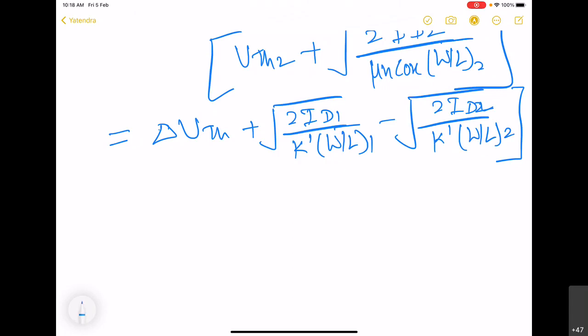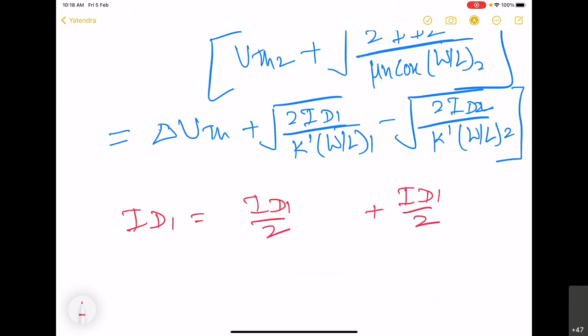So for that, we are going to use this notation. This ID1 can be written as ID1 by 2 plus ID1 by 2.